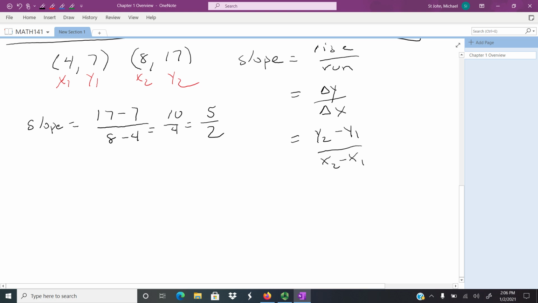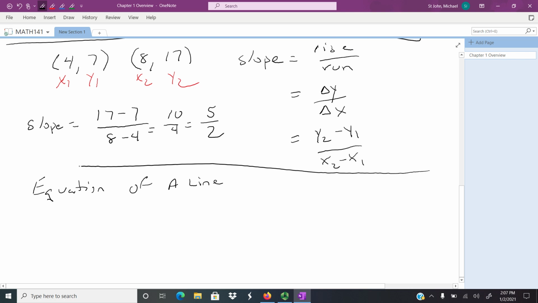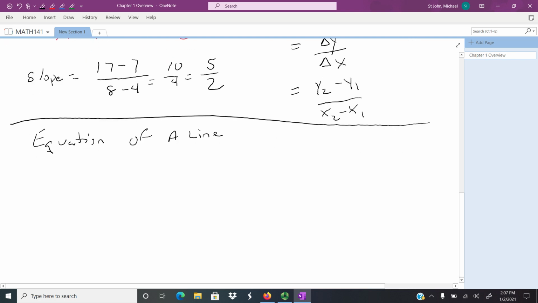Okay. So then we get to, well, what is an equation of a line? There are several ways of writing that, and we'll go through those. One way is the point-slope form, which is y minus y1 equals m times x minus x1.